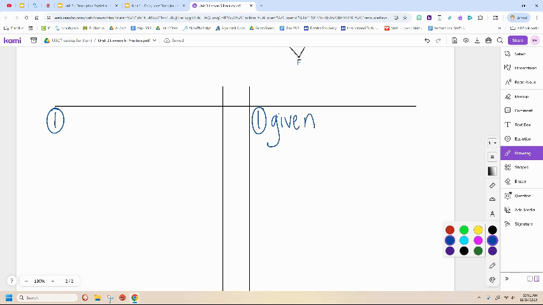We have AE parallel to DF. We have EB parallel to FC. And I'm going to write it underneath to make my life easier, AC congruent to DB. Okay.